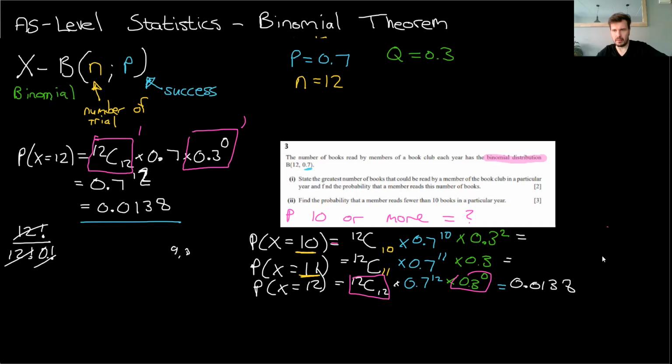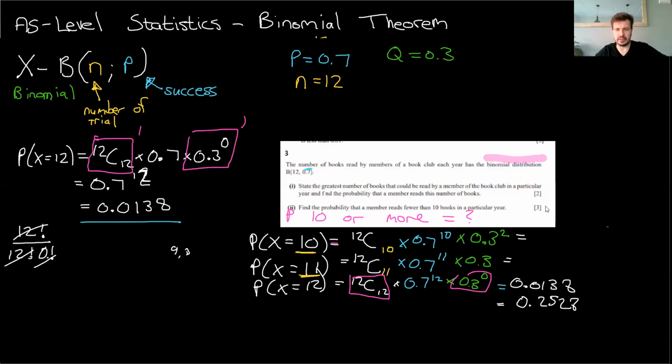I did them all together. So you put them all together and you got 0.2528. Just be careful that you don't put that as your answer. You can put them all on your calculator, and whatever this was plus whatever that was would give you this.